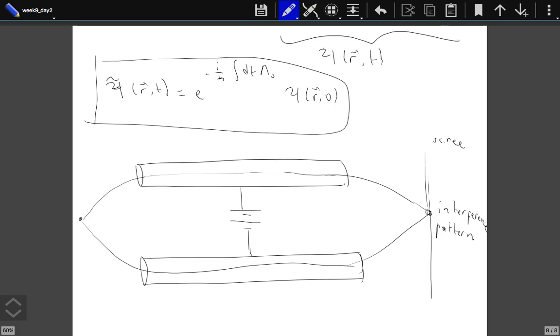Again, I repeat, classically, there is no force acting on the particle. I can just arrange my setup so that no force will be exerted on my particle, classically. So there shouldn't be any effect. But quantum mechanically, we will see this shift in the interference pattern, although there was no force acting on my particle.